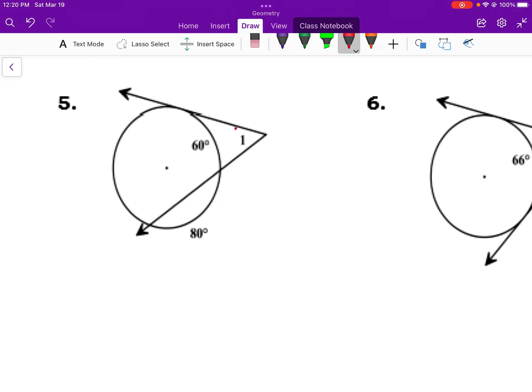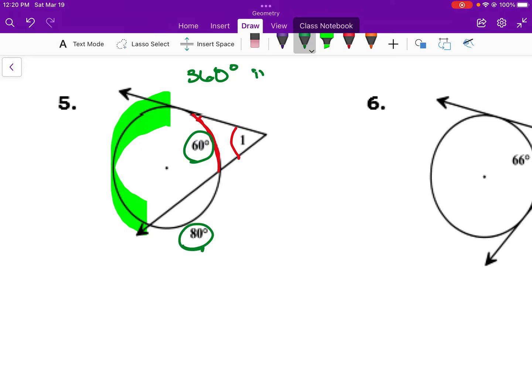This one though, because now we're looking for, again, angle 1, we want to take the measure of this arc, which we don't know, it's not actually given to us, and subtract the measure of this arc, which is given to us. It's like the minor arc in a sense. But to get the other one, notice that we do have 80 degrees. We have 60 degrees here. There are 360 degrees in a circle.